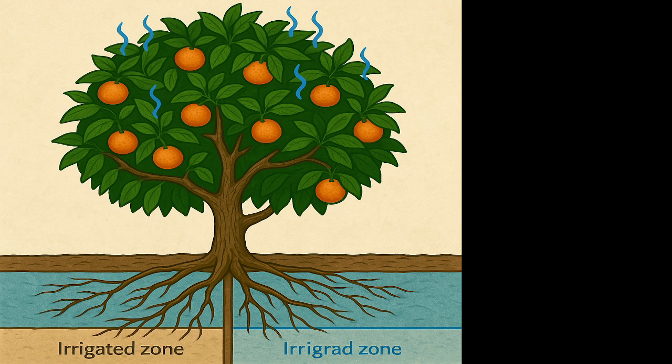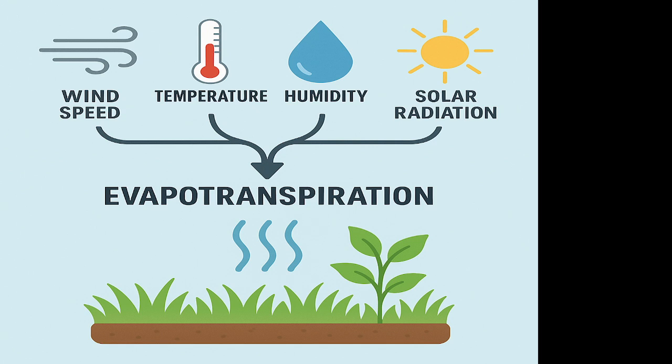So maybe there are some relaxation factors as well. But this evapotranspiration can give us a decent and reliable amount of how much water the farmer needs to supply. So how does this work?